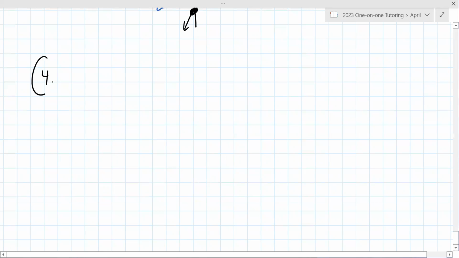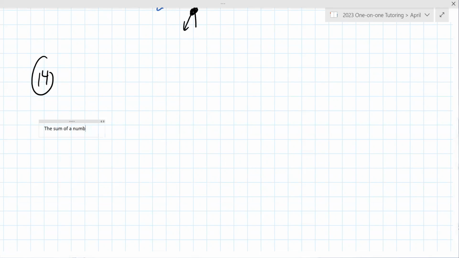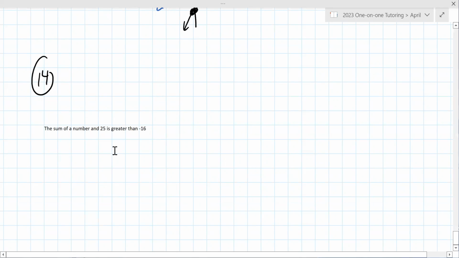I'll type that here. All right, so the sum of a number and 25 is greater than -16. Could you convert that into an inequality?